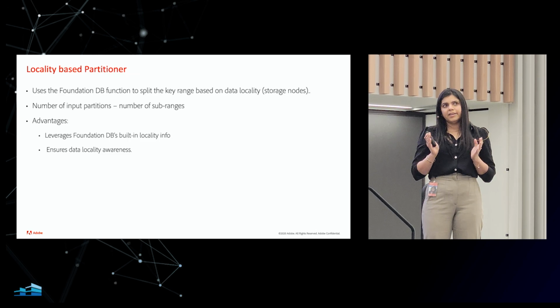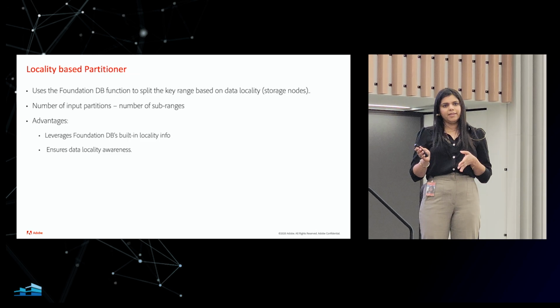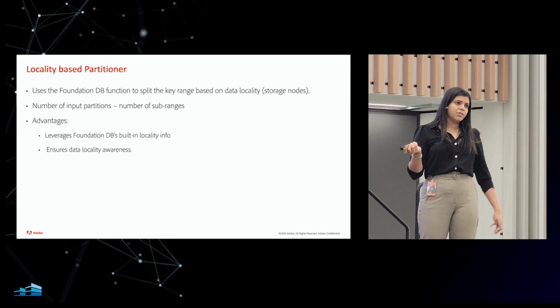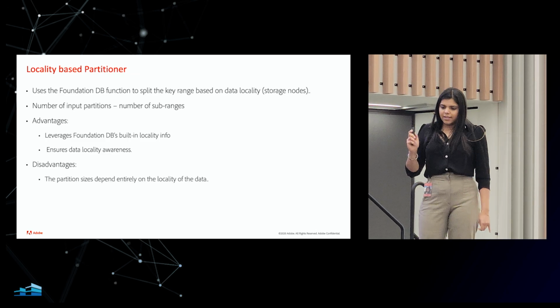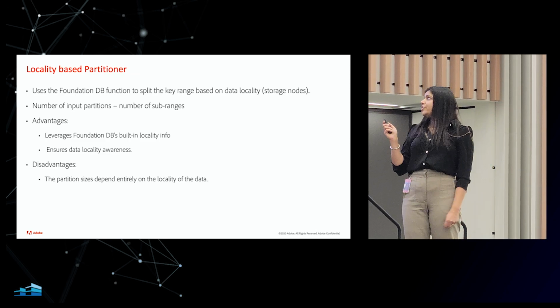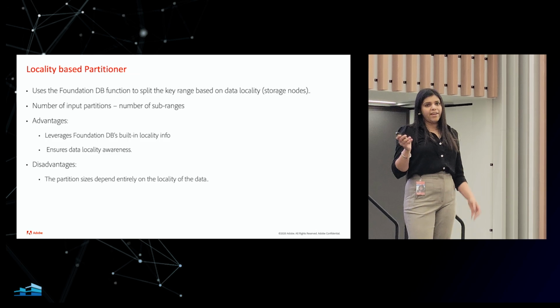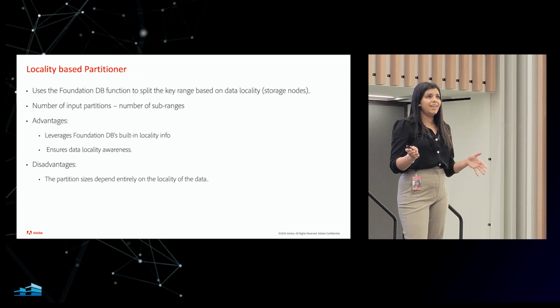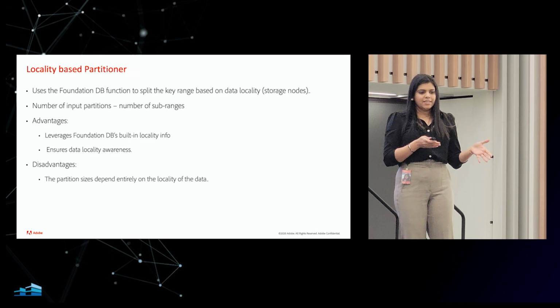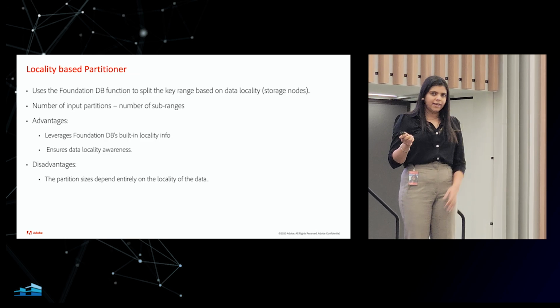So our reads are much more optimized, going to the right storage server, and also ensure data locality. Disadvantages, the partition size depends entirely on where the data is distributed across those nodes. So if your data distribution is uneven, if we have highly skewed data, then it can become a bottleneck.